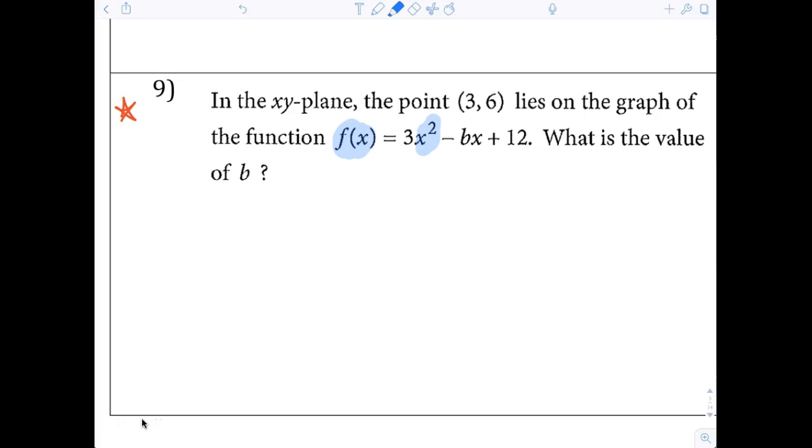All right. So I want everybody to write down on your paper now, f of x is the same as y equals. I need you to understand that. F of x and y are interchangeable. So on this problem, it's y equals 3x squared minus bx plus 12.